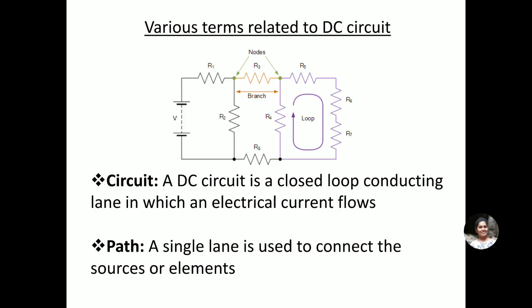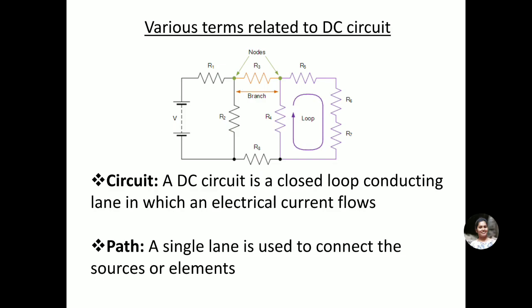All these are in a closed circuit, and we have connected it to a voltage source V. Here we can observe various terms which need to be understood before we study Kirchhoff's current law and Kirchhoff's voltage law. From this circuit we can come out with some new terms.